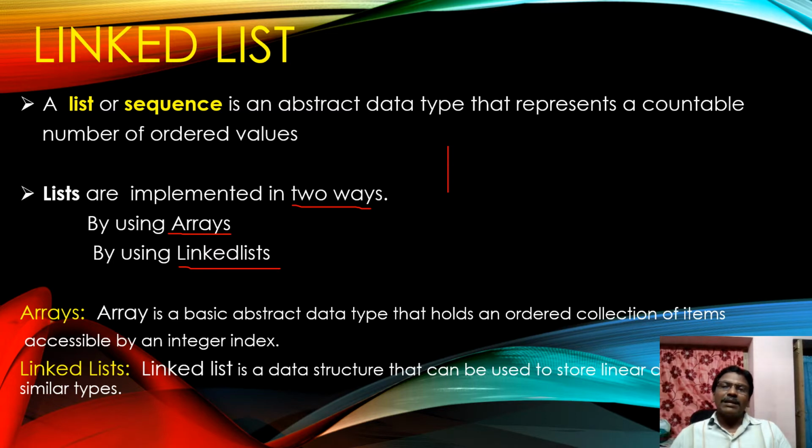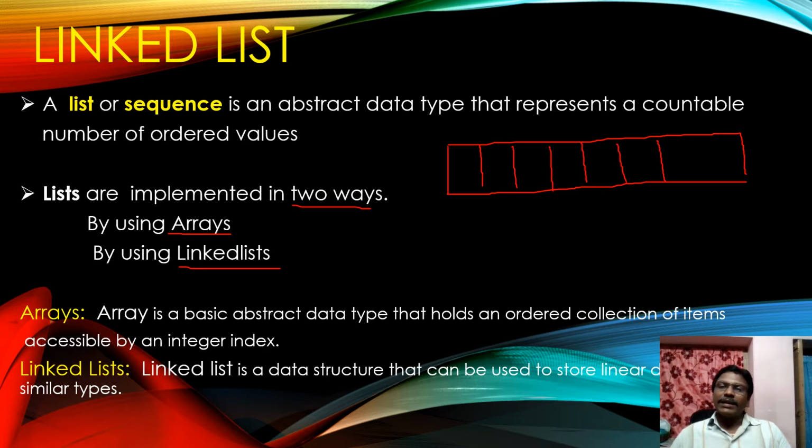It means an array will store a number of values or characters or any data based on the integer index, starting with 0, 1, 2, 3, like this. These are the integer indexes.